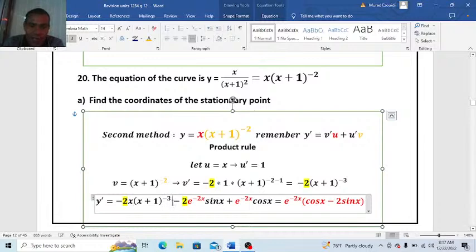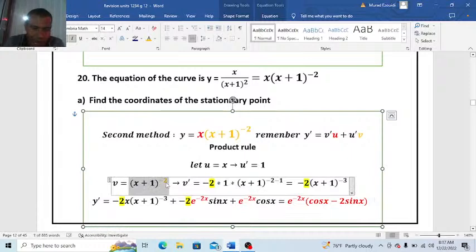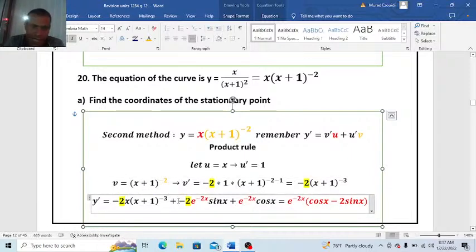Then plus u dash, which is 1, multiplied by v, because the first derivative of x is 1.